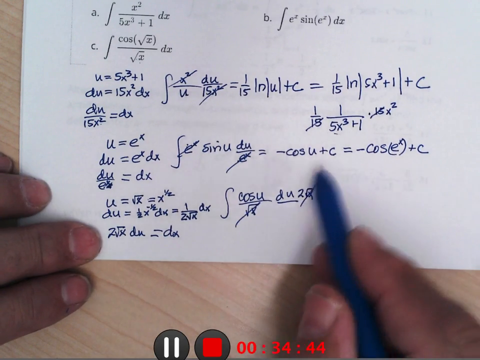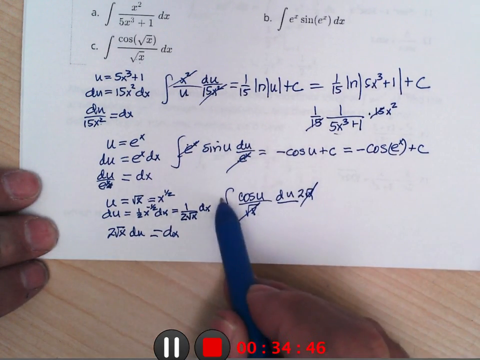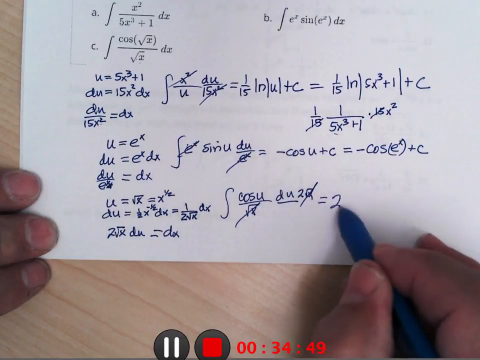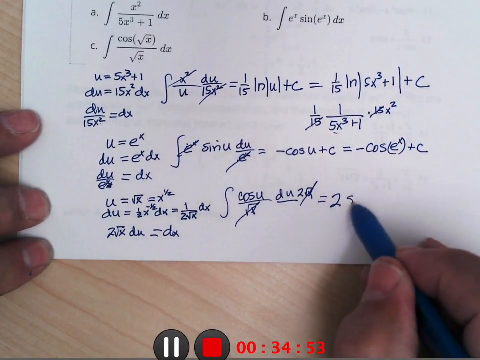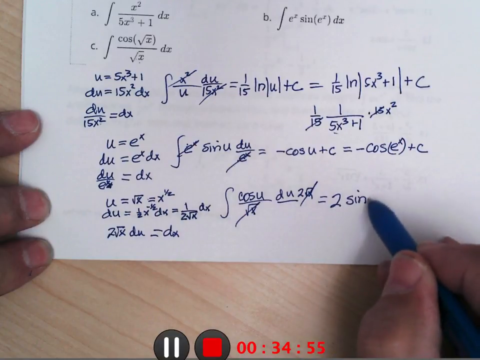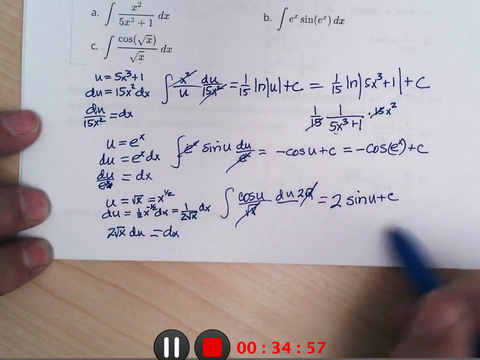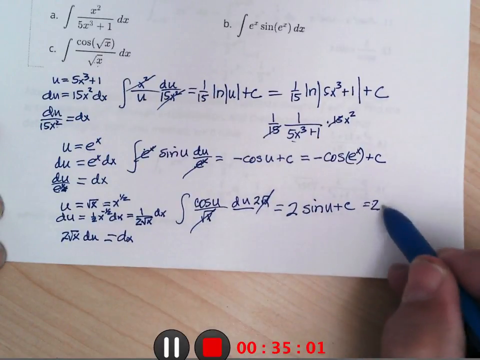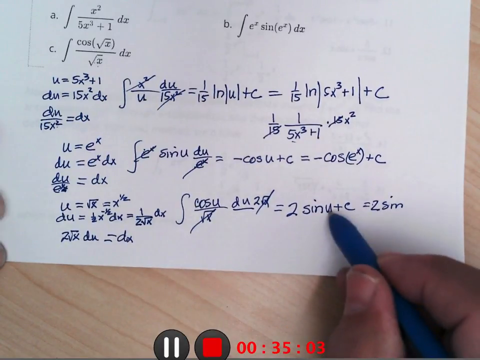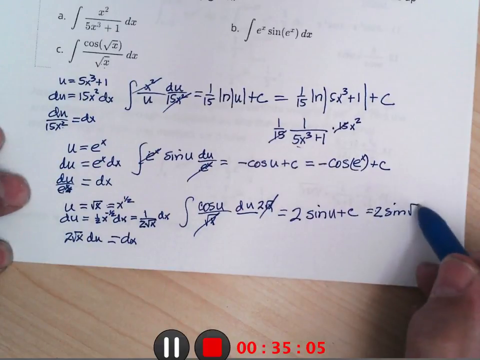This 2 is in the numerator, so it becomes 2. Antiderivative of cosine is sine. So my answer is going to be 2 sine of u, which is the square root of x, plus c.